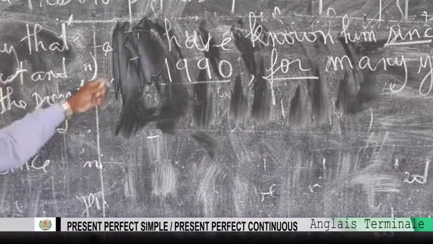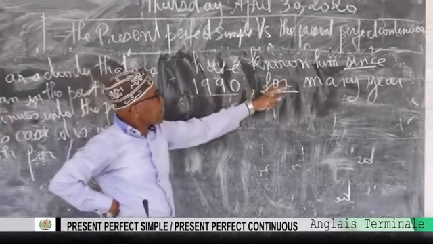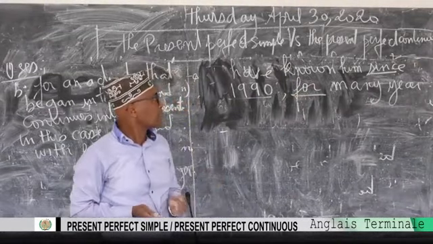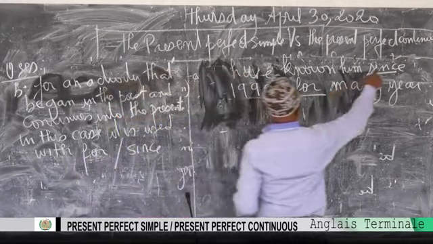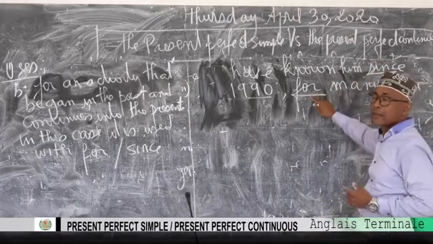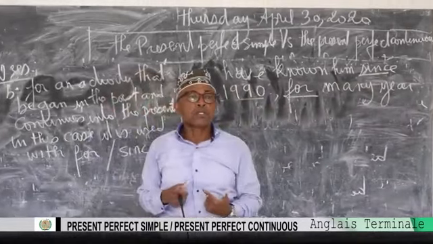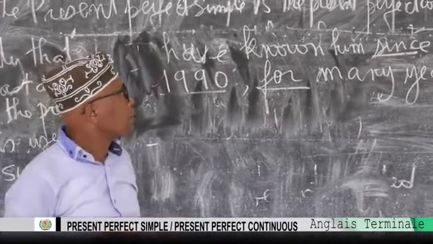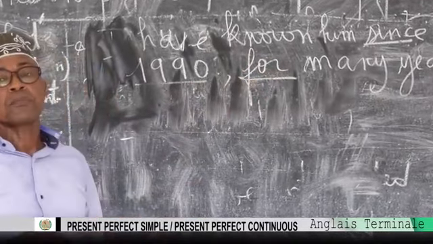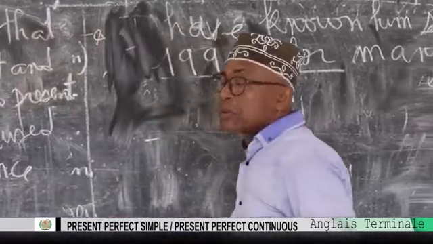Now, remember, since and for are not interchangeable. In other words, you cannot use for here, and you cannot use since here. So the question that many learners of English ask themselves is, when do we use since and when do we use for? Now the answer is very simple.